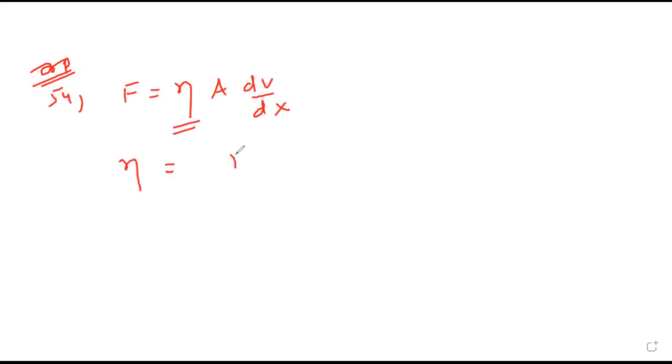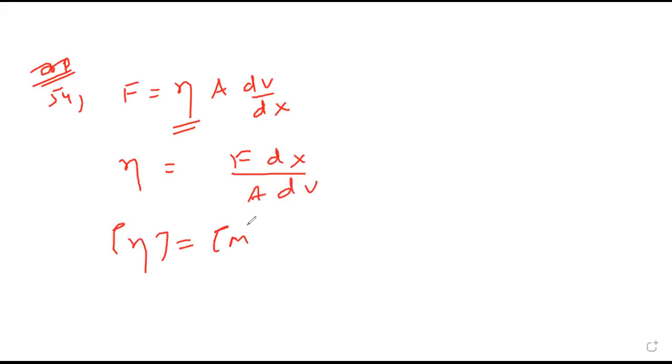54. Dimension of coefficient of viscosity. This comes many times in the exam. We got it from this formula. If you remember, I had given this formula. Eta is called coefficient of viscosity, so this will be F into dx upon A into dv.